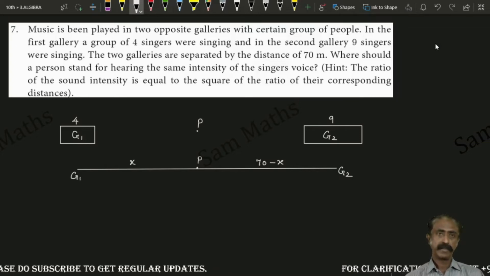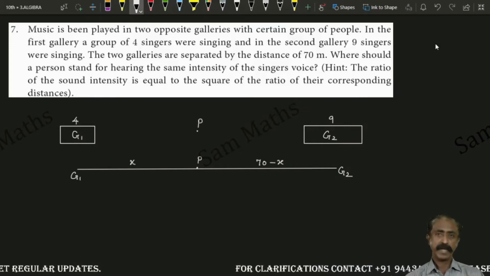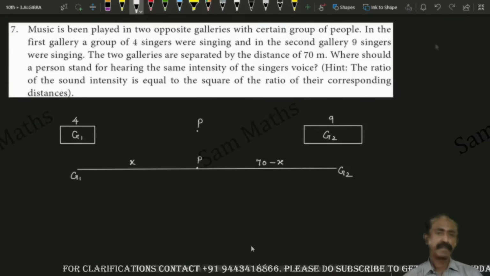The hint: the ratio of the sound intensity is equal to the square of the ratio of their corresponding distances.